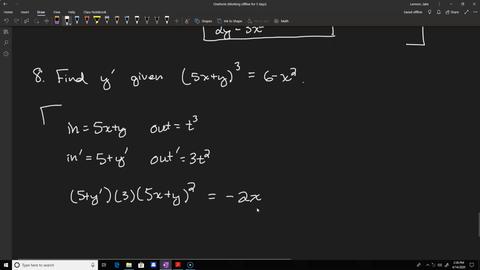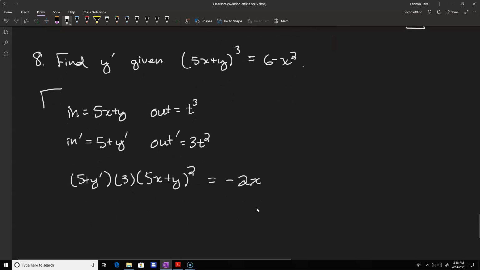So what we have to do is break this y prime out of there, because that's what we're trying to isolate. So let's distribute the 3 into the 5 plus y prime. So we get 15 plus 3y prime times 5x plus y quantity squared, and that equals minus 2x.